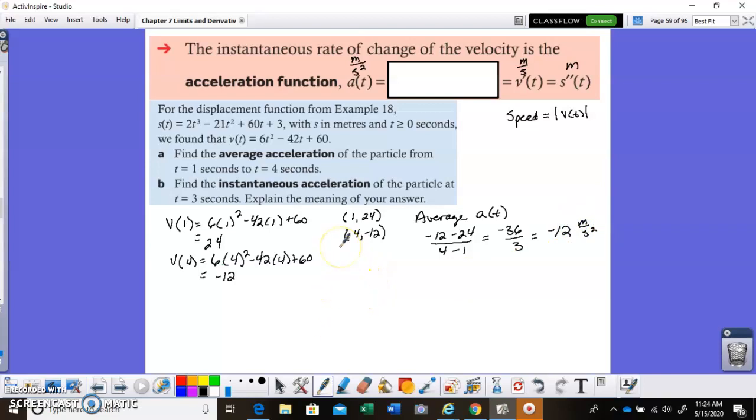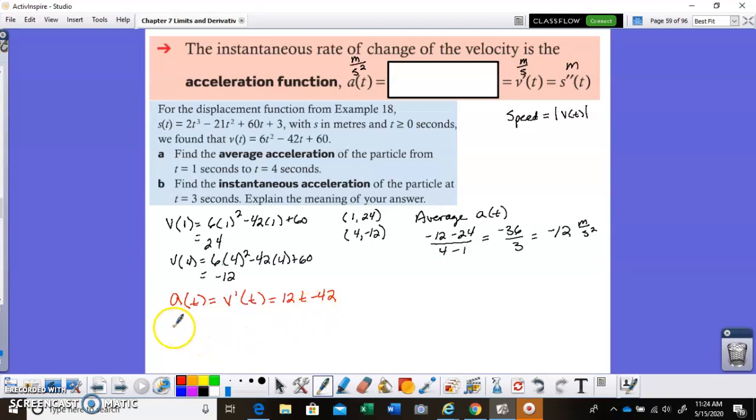And now what I want to do is find the instantaneous acceleration. In order to find the instantaneous acceleration, I say the acceleration at time t is equal to the first derivative of the velocity. So I'm going to find the first derivative of velocity, and that will get me 12t minus 42.